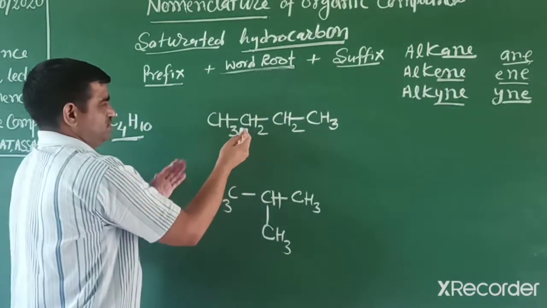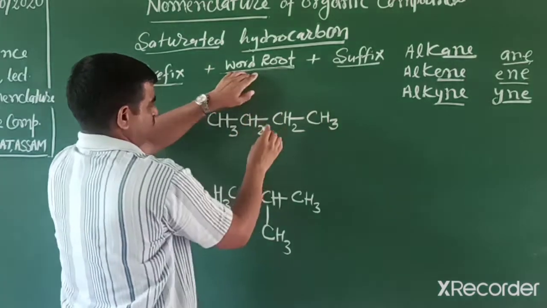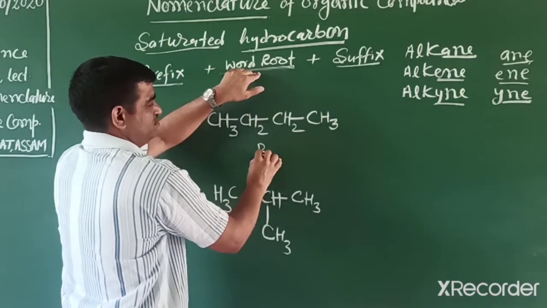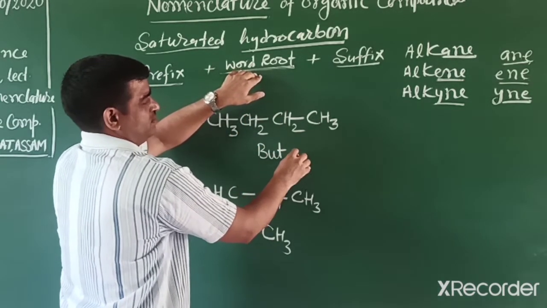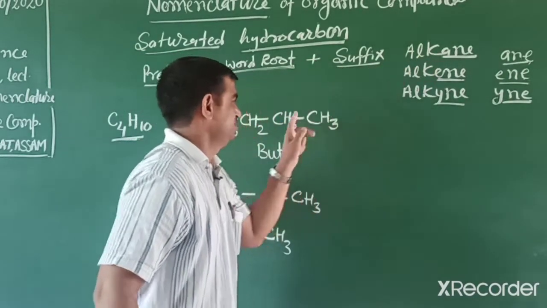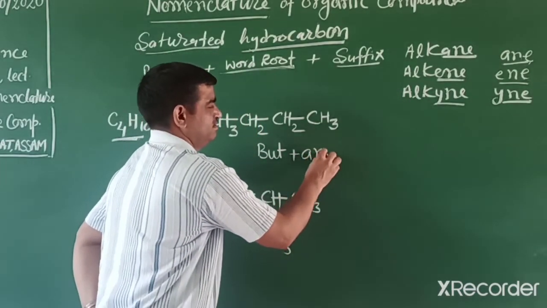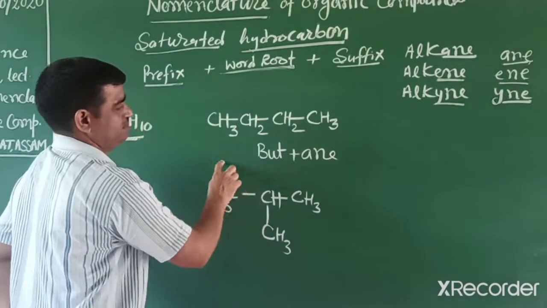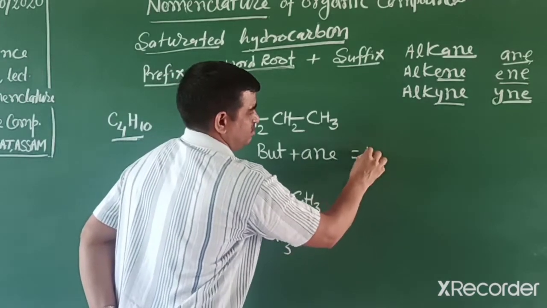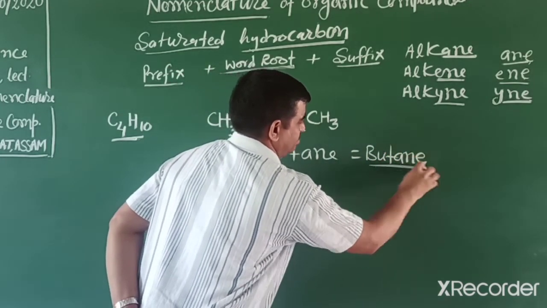There is no substituent, so we write only the word root, and 4 carbon is but. Then we add the suffix, because there is a single bond, so we write the suffix ane. It means its name is butane.